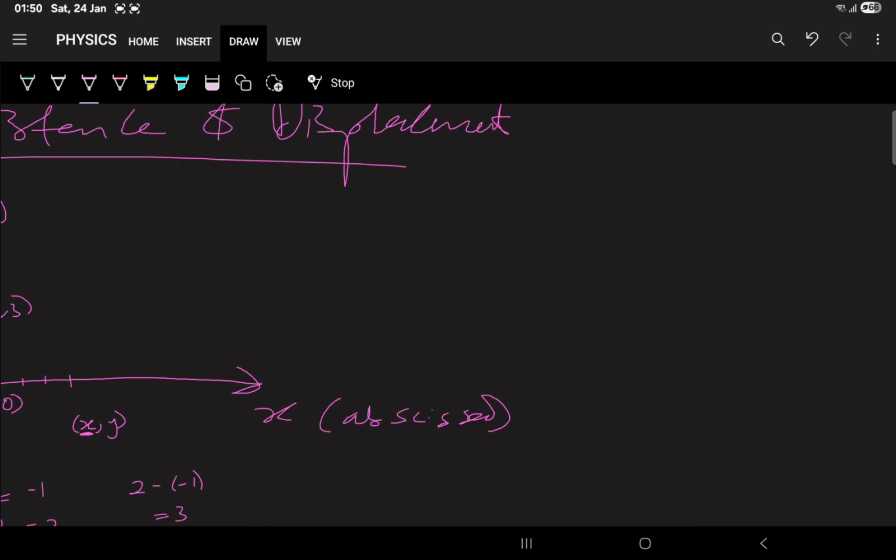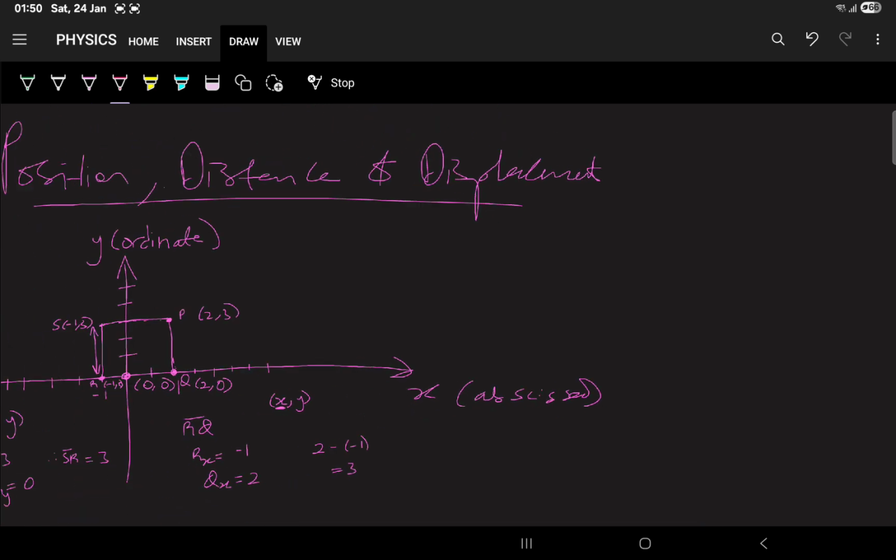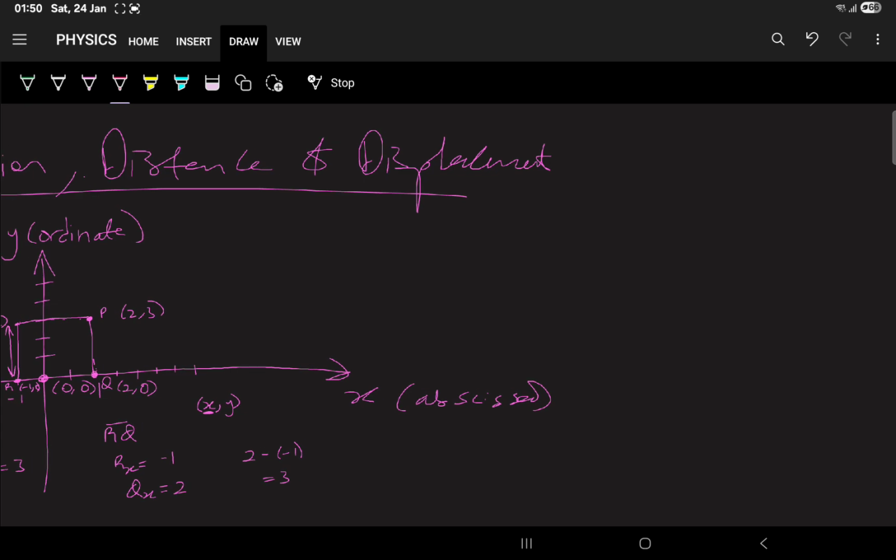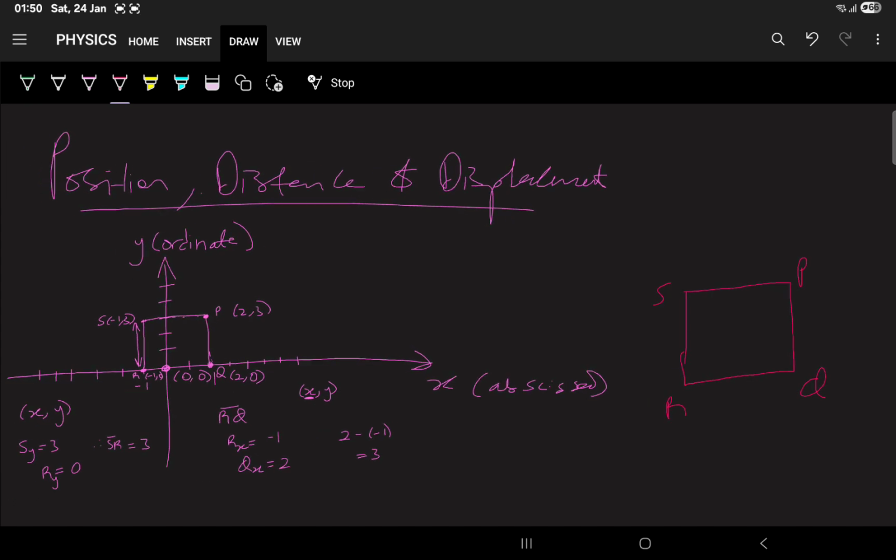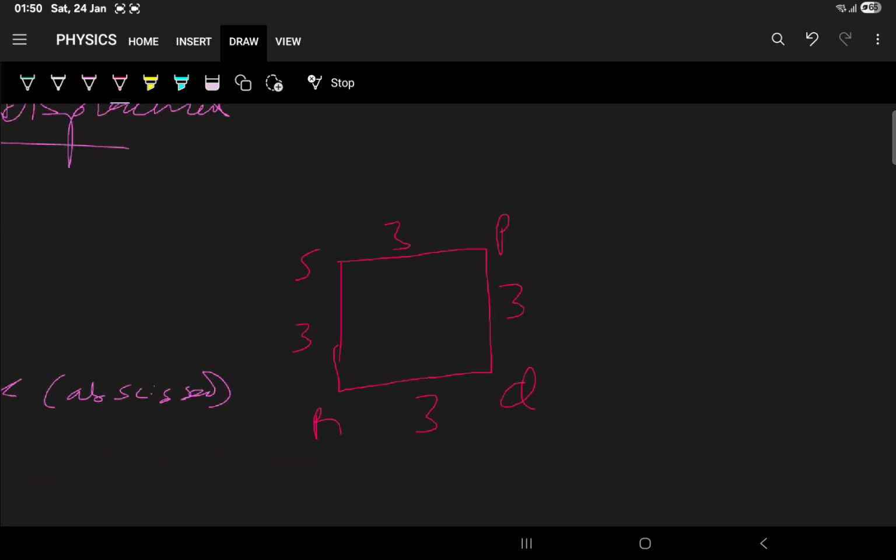Now I just want to take out that shape from the graph. So this is our square S, R, Q and P, and we found the length of each side to be 3.